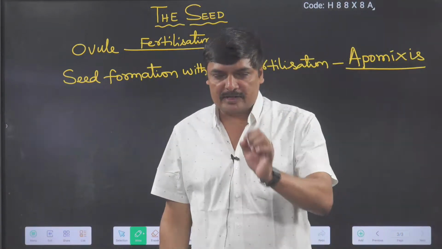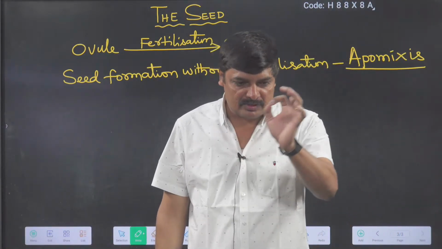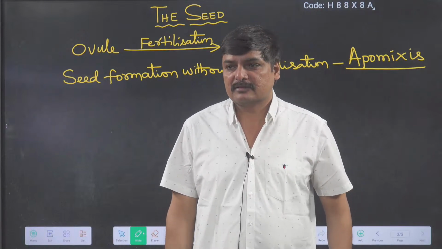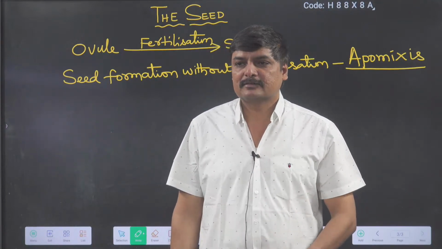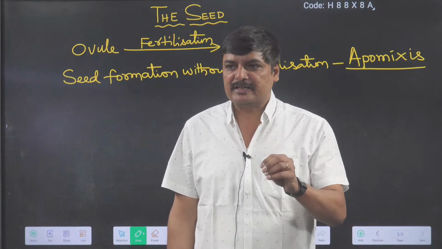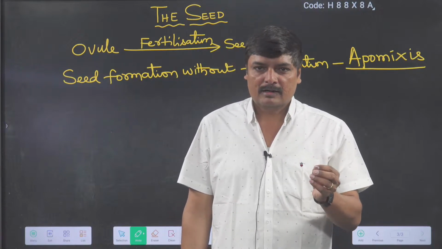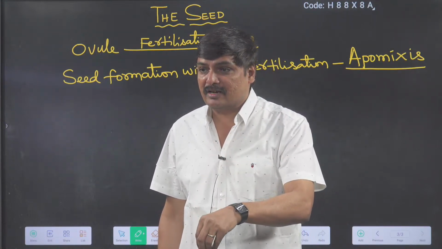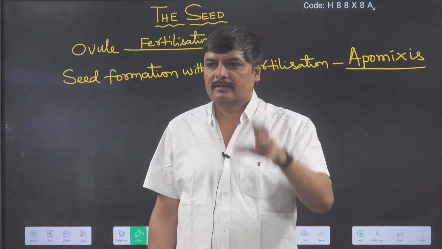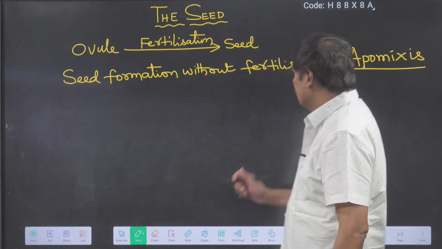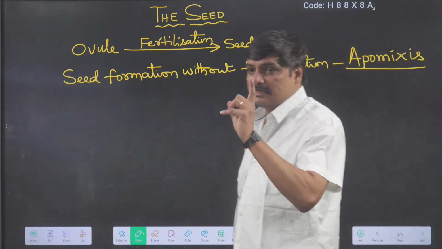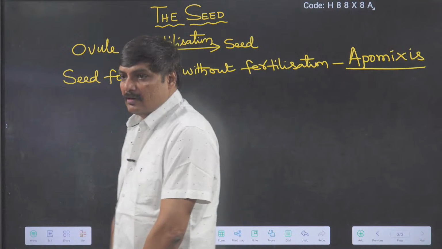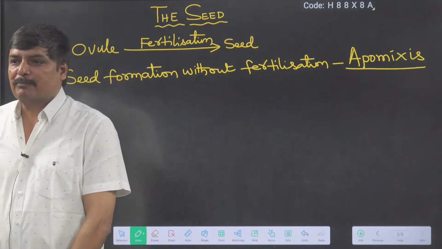Usually after fertilization, ovules become seeds. But in some species, for example grasses, seeds are also formed even without fertilization. This phenomenon is called apomixis, and such seeds are called apomictic seeds.